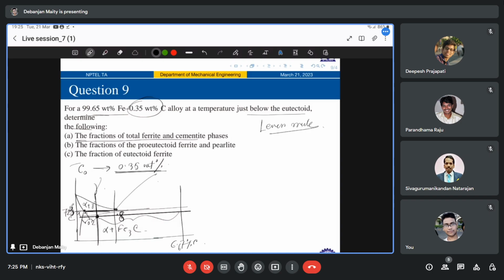You can use the lever rule or a tie line that extends only to the eutectoid temperature. Here, up to this, not below that.